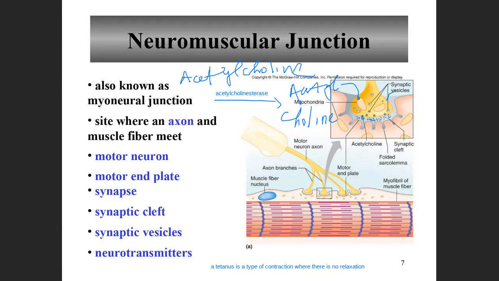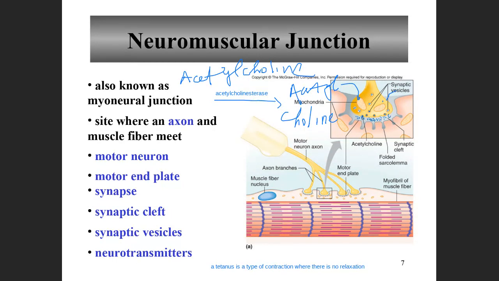In fact, there is a bacteria, Clostridium tetani, which produces a toxin that prevents the degradation of this acetylcholine.